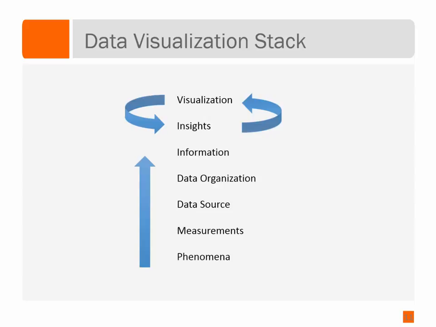From those measurements, we might place them in a collection, some sort of file that we might deem a data source. Now, the data source could also be a sheet of paper in a journal. It could be a table on a website or a newspaper.